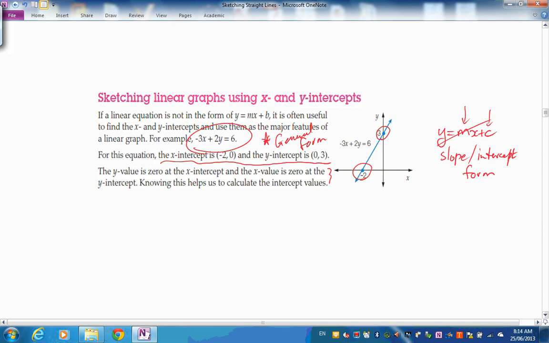And they've put down how they've done it. The y value is 0 at the x-intercept and the x value is 0 at the y-intercept. So knowing this helps to calculate the intercept values. Let's unpack that a little bit. Let's have a look at this line in a bit more detail. So come on down here.